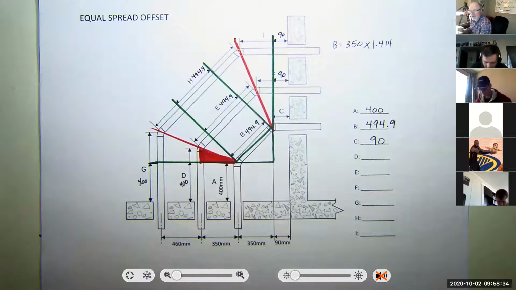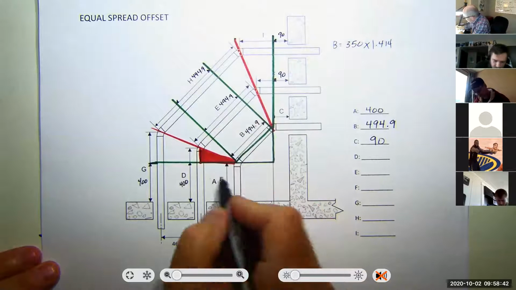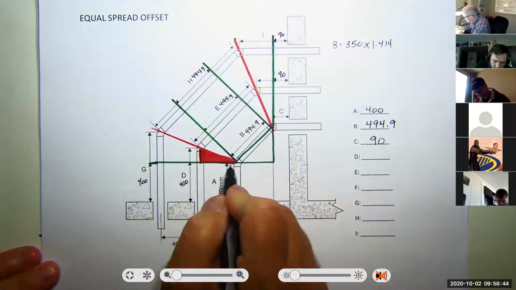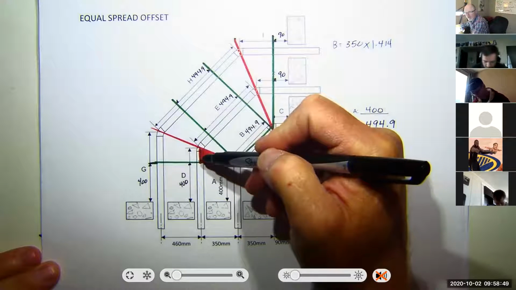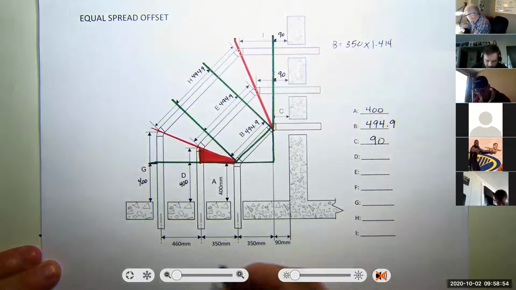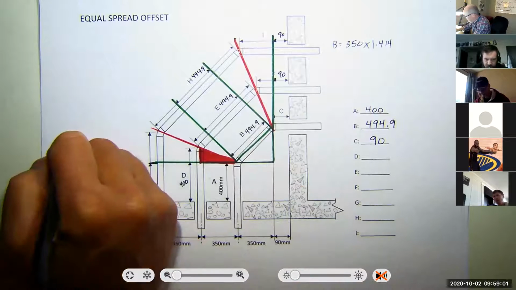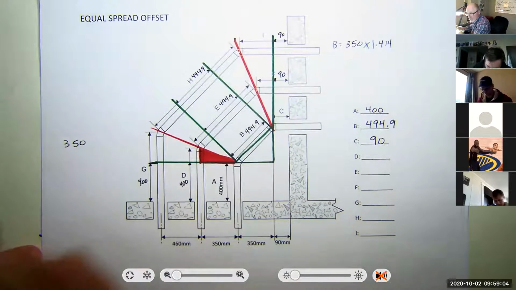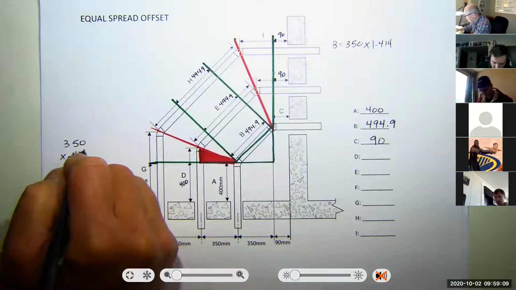You see the 22.5 degree right angle triangle? I hope so. So if I know the run of a 22.5 degree right angle triangle, can I get the rise? We learned this last week, or even on Tuesday, where we take 350 and multiply that by 0.414.